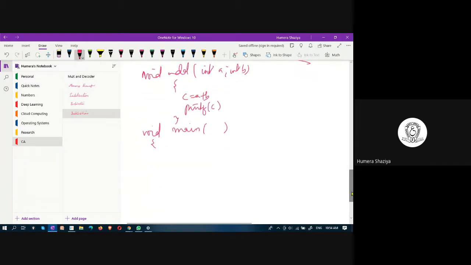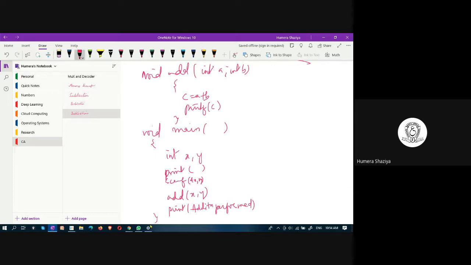Suppose in main you say int x comma y, printf enter the values, and scanf the values into ampersand x and ampersand y. Then you say add x comma y, followed by another printf, addition performed. If this is the program.